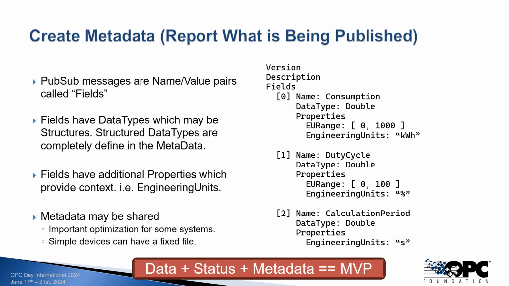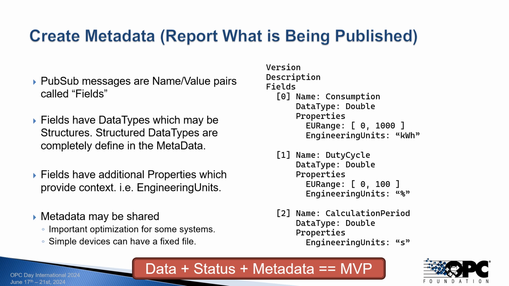So the metadata itself consists of a structure with a list of fields. And for each field, you have a name and a data type, as well as a number of properties. And these properties are tied into the OPC UA ecosystem. These are things which are defined by OPC UA information models and allow you to standardize information across many different types of devices.